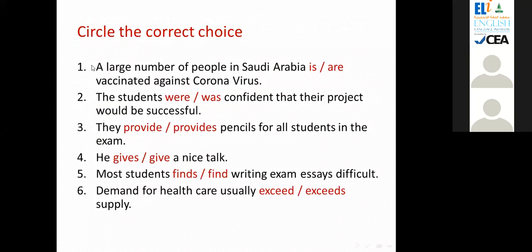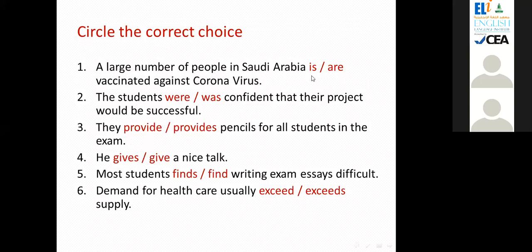Here, correct or circle the correct choice. A large number of people in Saudi Arabia is or are vaccinated against coronavirus. What do you think of number 1? Number one says a large number of people. So is or are?